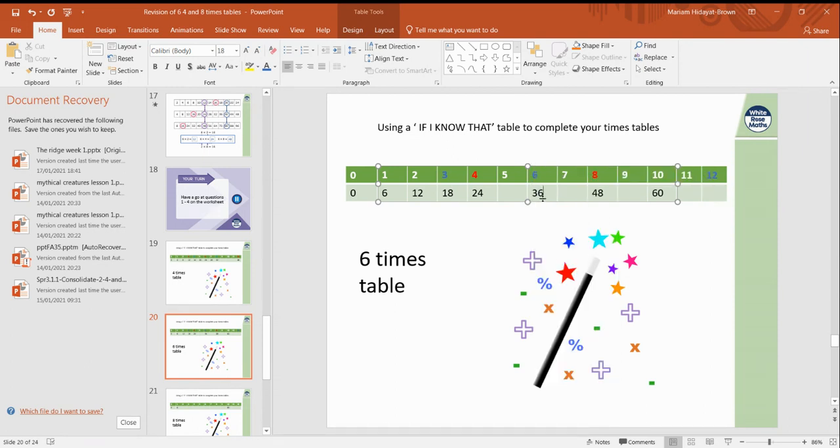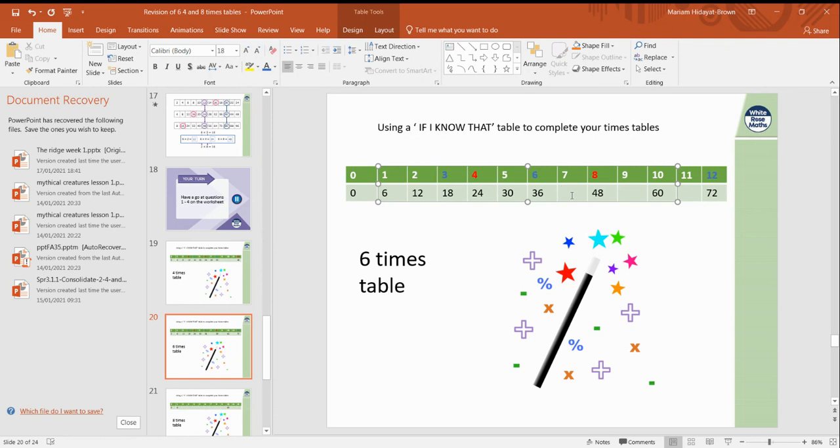And I can then just double that 36 to give me 12. So if I double the 6 of my 36, that gives me 12. If I double the 30, that gives me 60, plus the 10 that I carried, that's going to give me 72. And then I can just add on the 6's to the ones that I'm not really sure of.